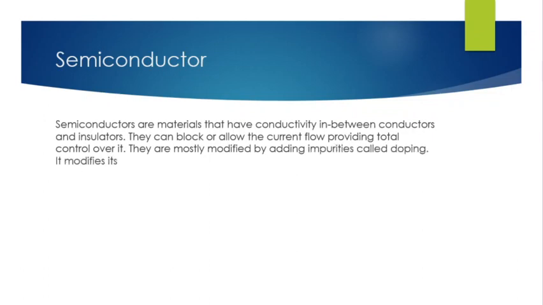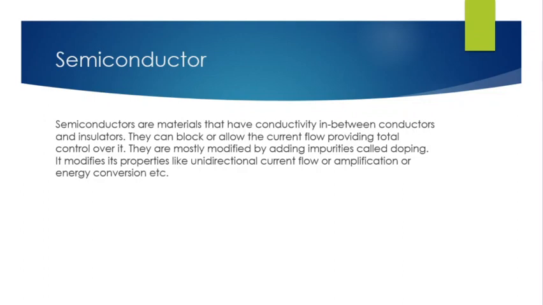It modifies their properties like unidirectional current flow, amplification or energy conversion, etc. The electrical conduction inside a semiconductor is due to the movement of electrons and holes. We will discuss these terms later, doping, holes, and all those things.